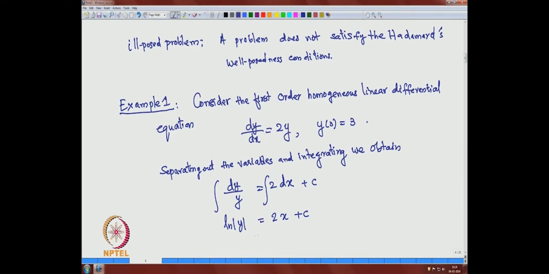Taking exponential on both sides, we get y of x is equal to e to the power 2x plus c, which is equal to, say the first constant is c 0, c into e to the power 2x, where c is equal to e to the power c 0.